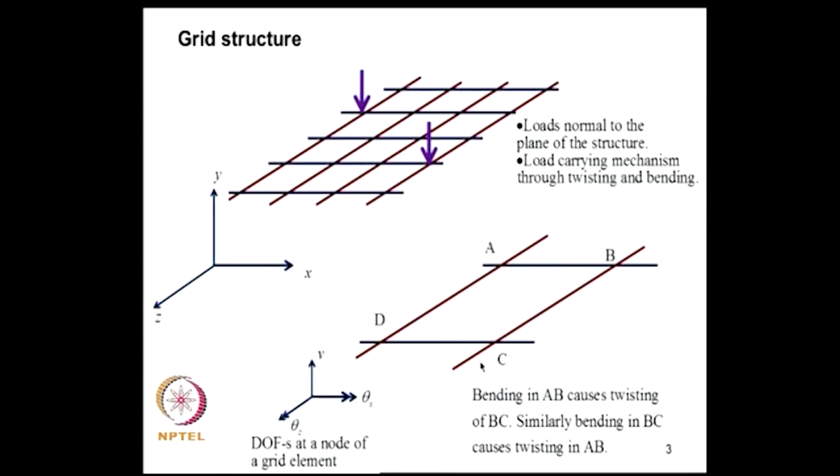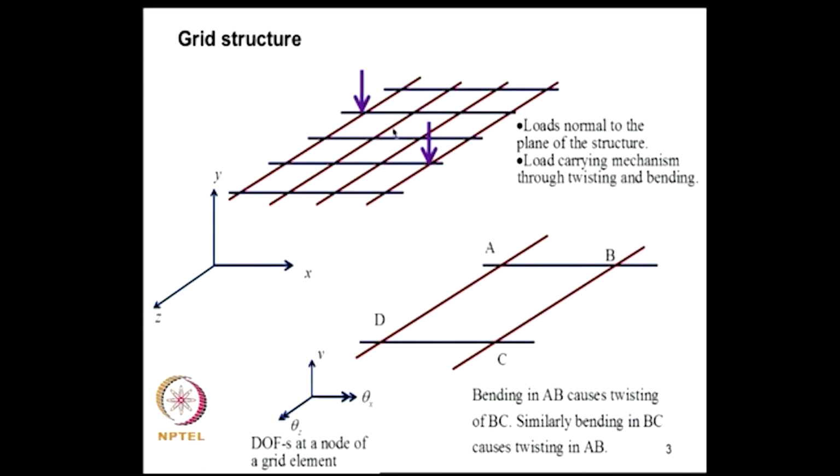Another class of planar structures are known as grid structures, and typically it appears something like this. So, there are girders in the x z plane as shown here, and the loads act along y axis, that is normal to the plane of the structure.